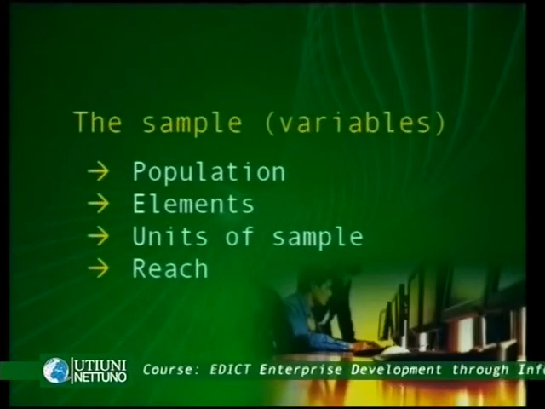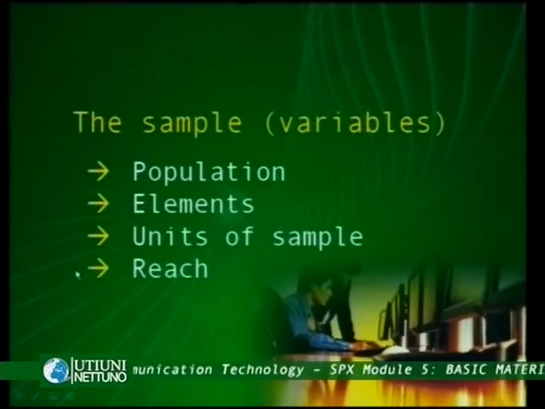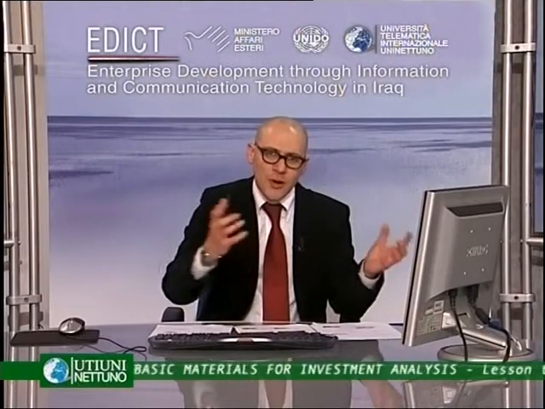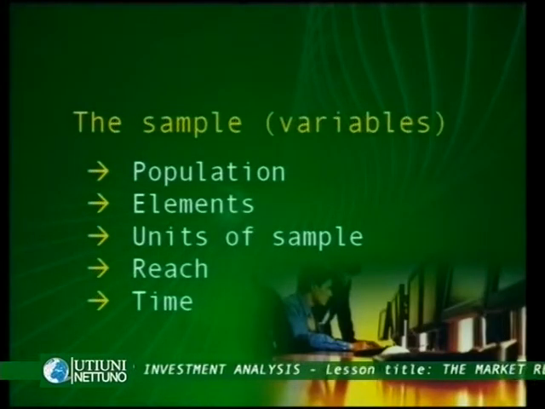The reach of the sample is very important. If we consider the geographical distribution of the population, for example, we might state that our samples represent a specific percentage in terms of reach or extension of the analysis compared to the population as a whole. And time.